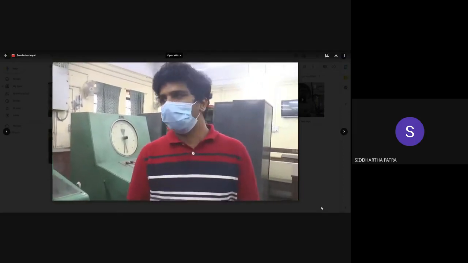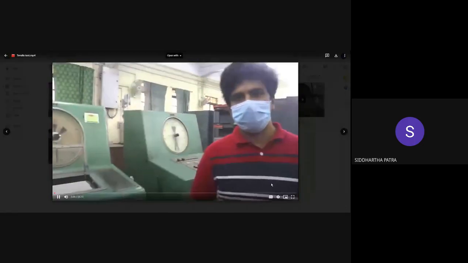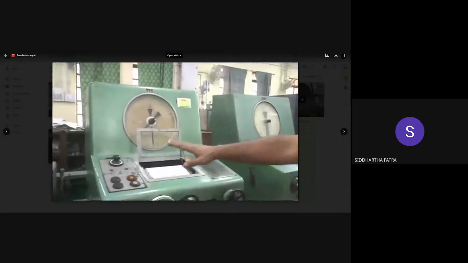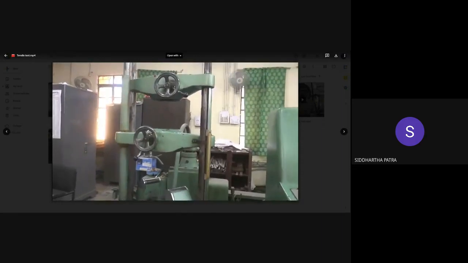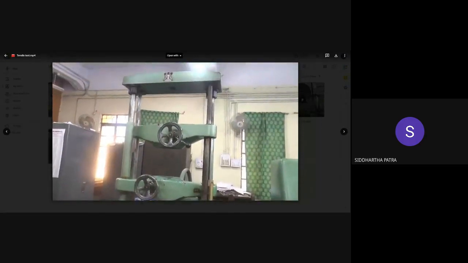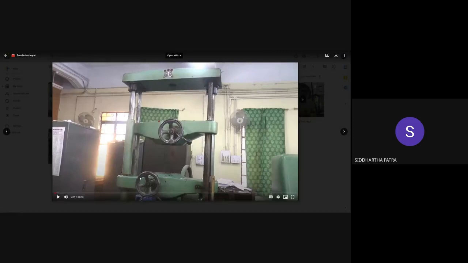And today we will be doing the tensile test in this instrument. This one is called a universal testing machine. I forgot to mention that the machine where we would be doing the tensile test is known as the universal testing machine.